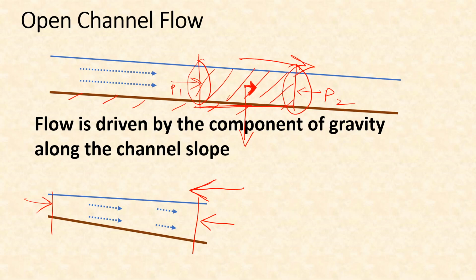And what will happen then is, although the elevation difference or the slope of the channel is trying to move the water in this direction, because of this pressure difference in the opposite direction, water will be pushed back and therefore the velocity will reduce as it moves down the slope. And we can see that because velocity is reduced, that means some retardation is going on, and the depth also increases.